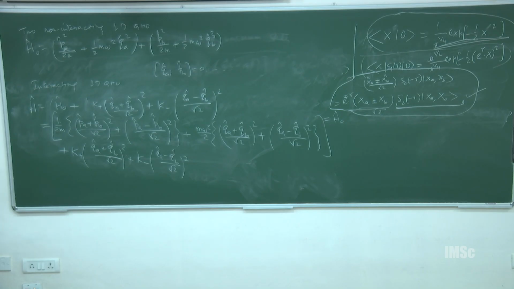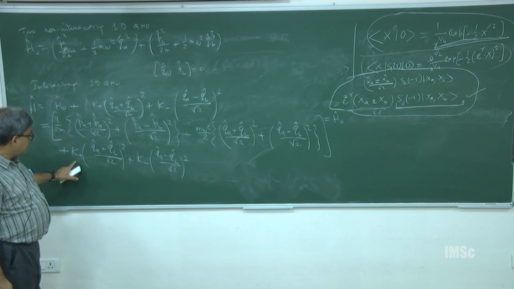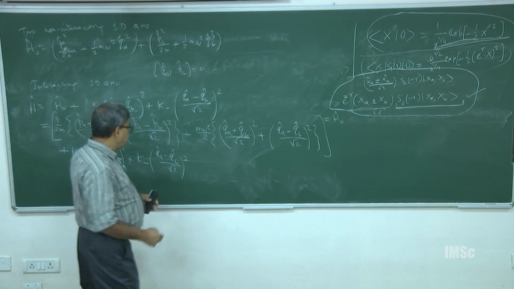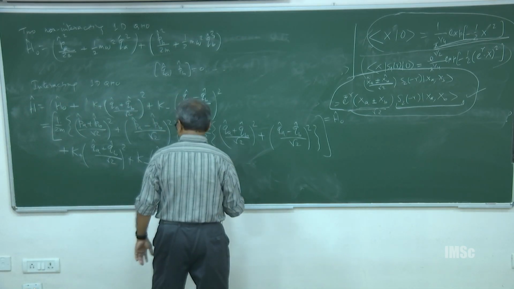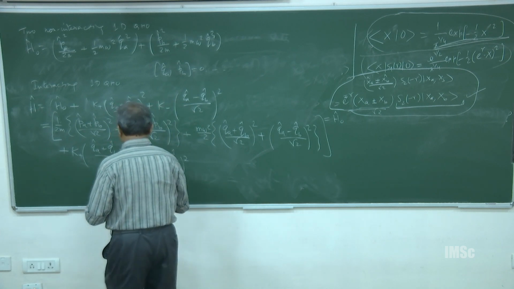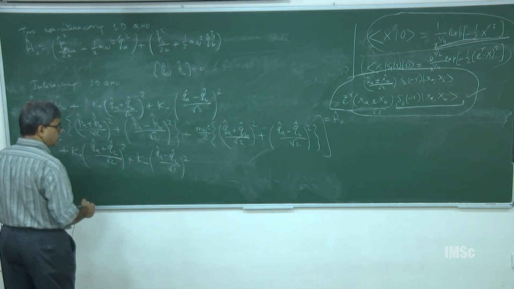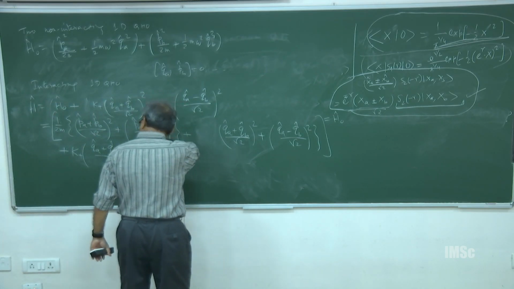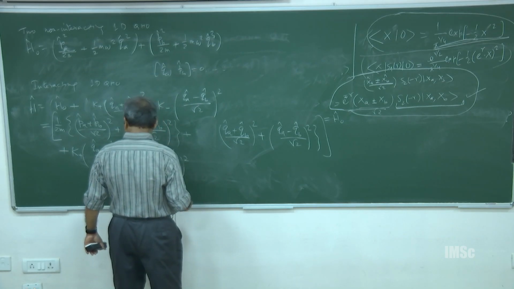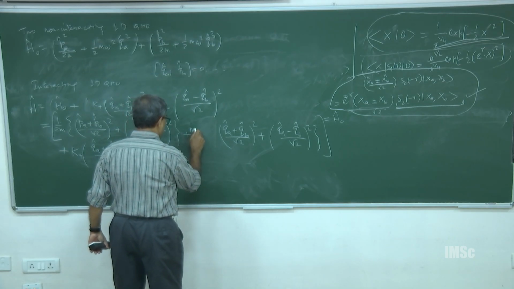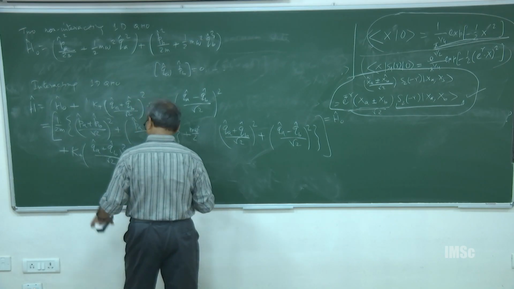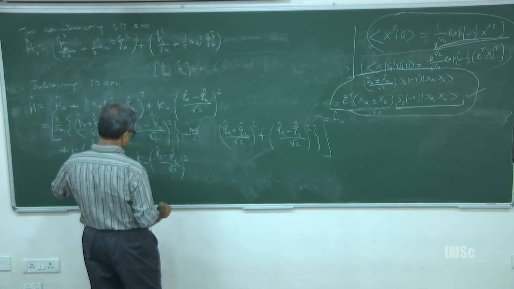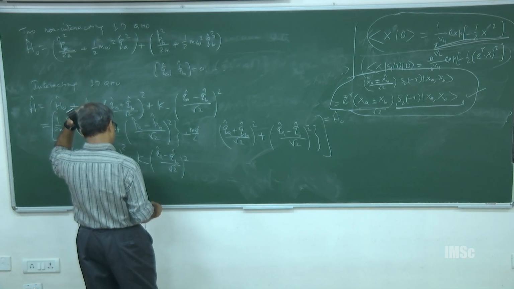Okay, good. Is it clear? So now I can change these coefficients. What I will do is, m omega square by 2, so plus k, so what will this be?